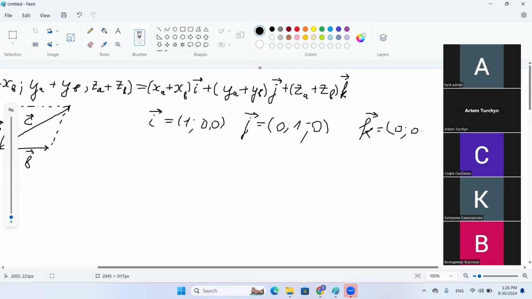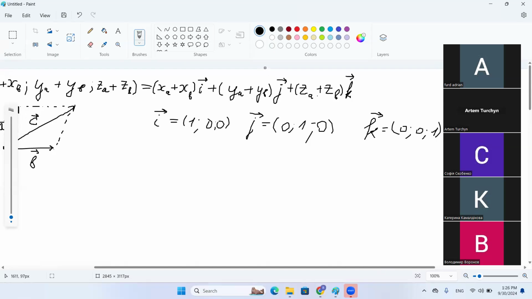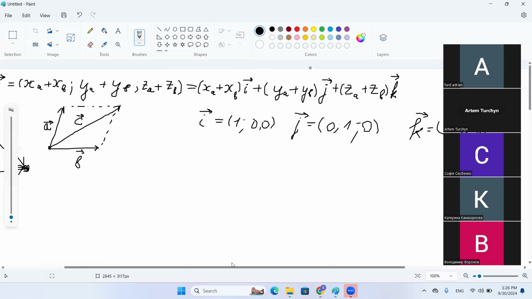Yeah, unit vectors. So it's another way of recording the vector.